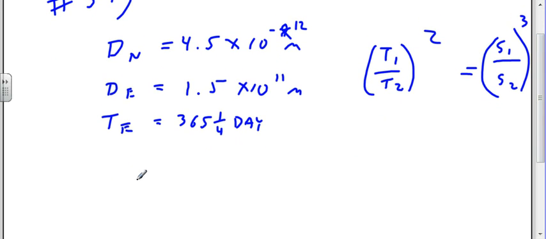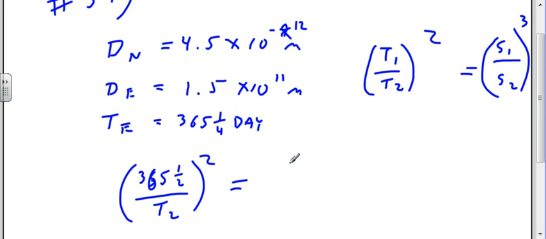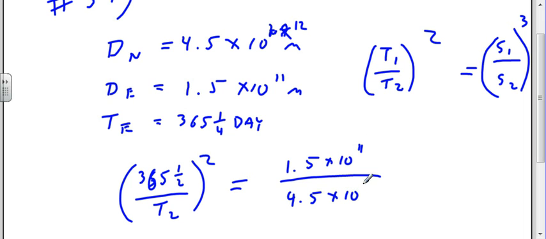Alright, so 365.25 is to T2 as 1.5 times 10 to the 11th is to 4.5 times 10 to the 12th cubed.